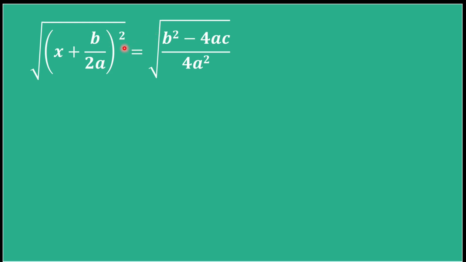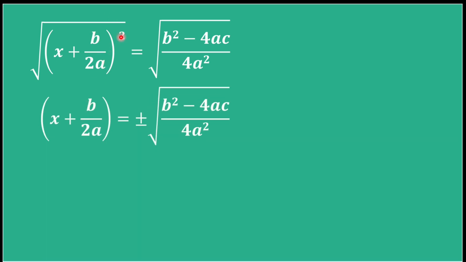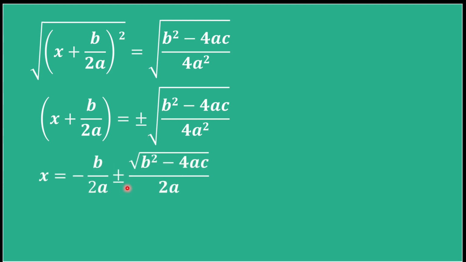After taking square root, in the next step we will cancel this square with this square root. Whenever we cancel a square root, we introduce plus minus, so plus minus will be introduced over here. And in the next step we will send this b divided by 2a to this side of the equation, so this will become minus b divided by 2a, plus minus square root of b squared minus 4ac divided by 2a.